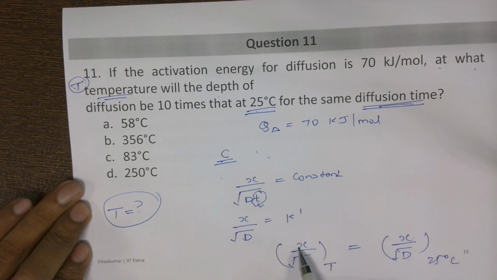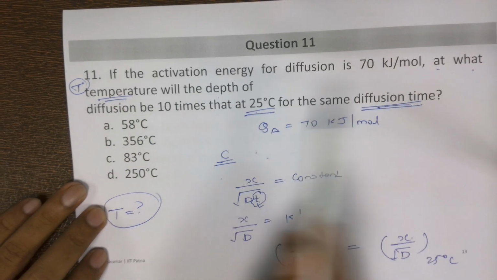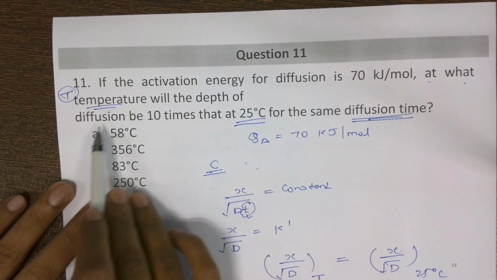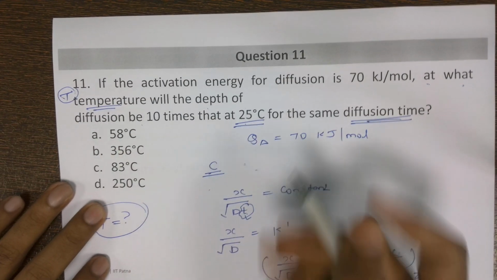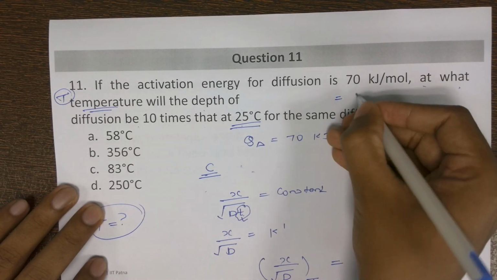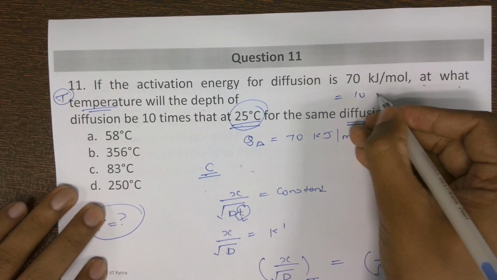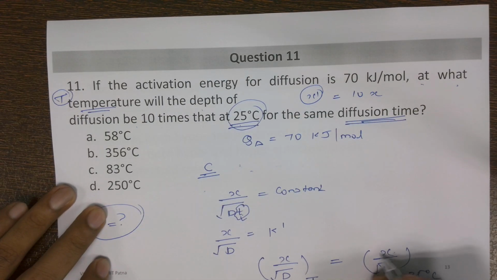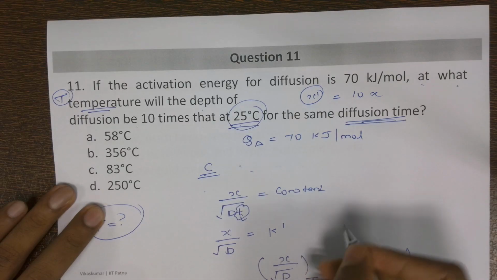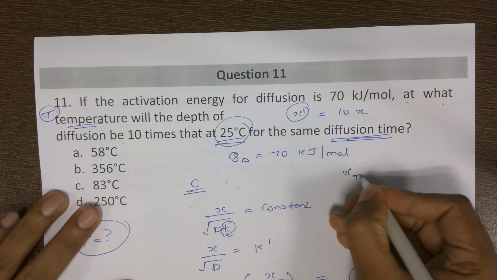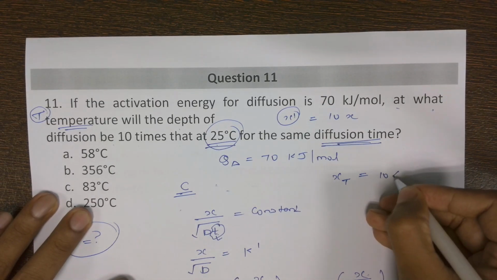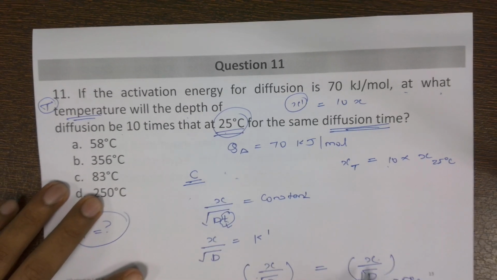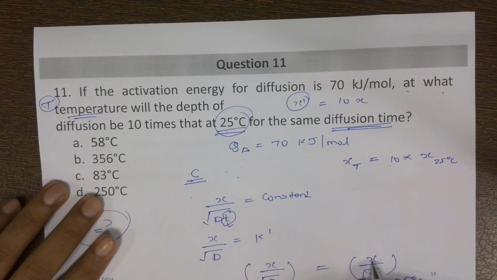One thing is given, the relation between the x's. The question says at what temperature the depth of diffusion will be 10 times the one at 25 degrees Celsius. So the depth at the particular temperature T is 10 times the depth at 25 degrees Celsius.